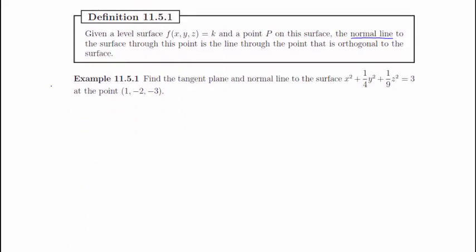So instead of thinking of this as an equation in x, y, and z, I want to redefine it as a function f of x, y, z equals x squared plus 1/4 y squared plus 1/9 z squared, and we're saying f of x, y, z equals 3. This gives me the level surface, which is this ellipsoid.